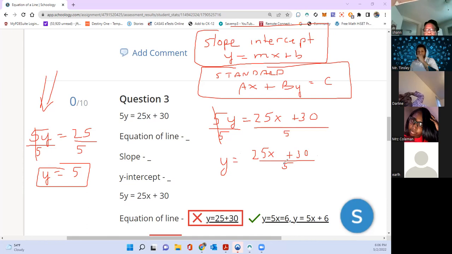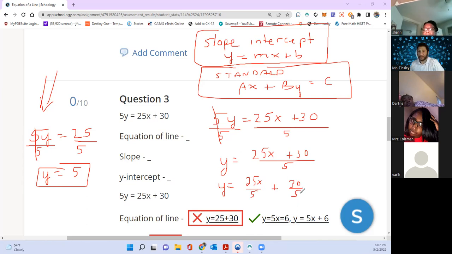We didn't change anything; I just canceled the two 5s on the left side. I see now. The 25x and the 30 cannot be combined. They are not like terms, so we must do that computation separately. So I'm going to do 25x divided by 5 plus 30 divided by 5.